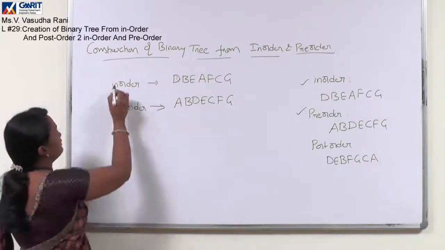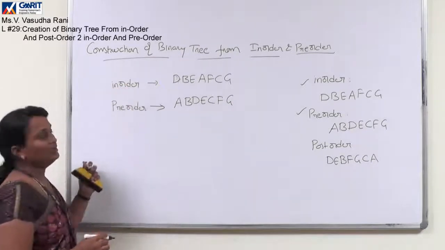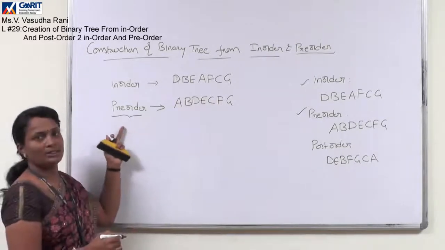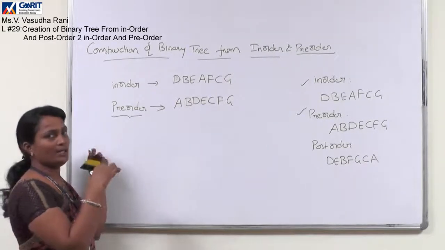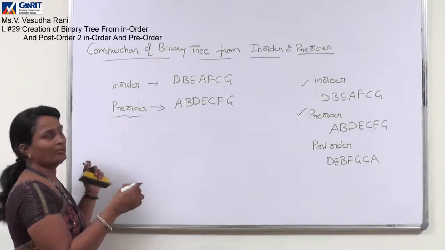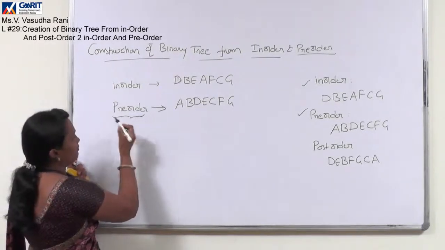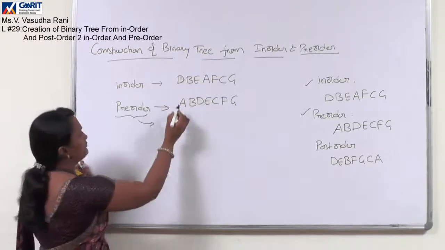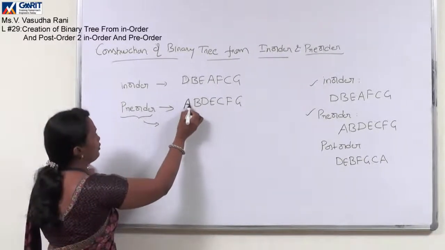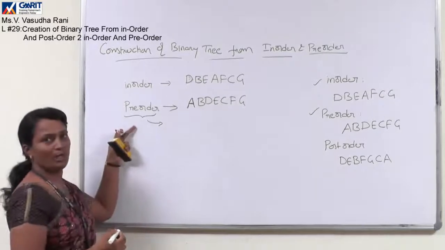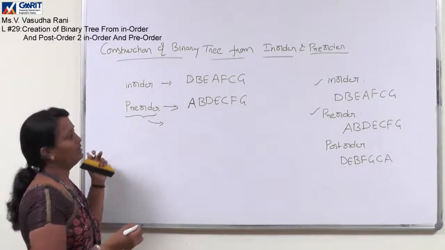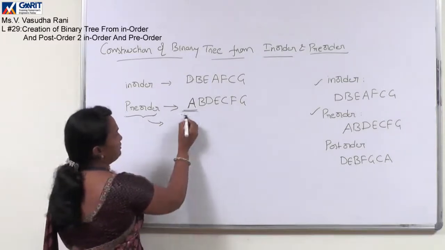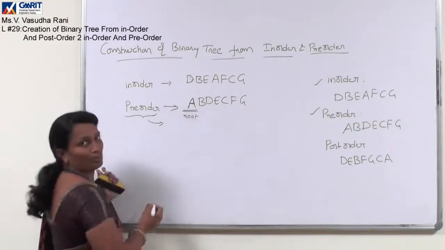Here, from these two sequences, we already know that pre-order is defined as parent, left, right. So the first node processed following this pre-order is the root node. From this pre-order traversal, this is the root node.